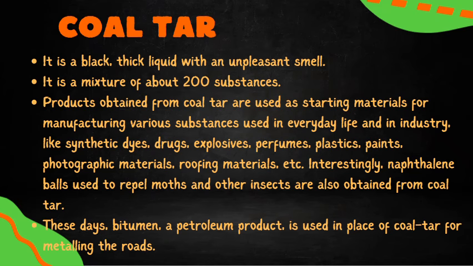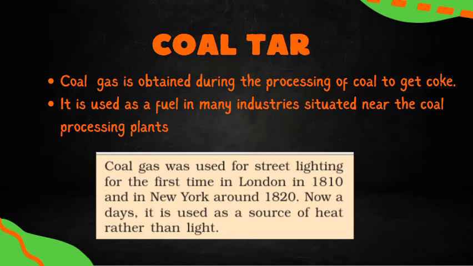I hope this was clear. Coal gas is obtained during the process of converting coal to get coke, and it is used as a fuel in many industries near the coal processing plant. This is a small extra knowledge, I would rather say, given in your NCERT.